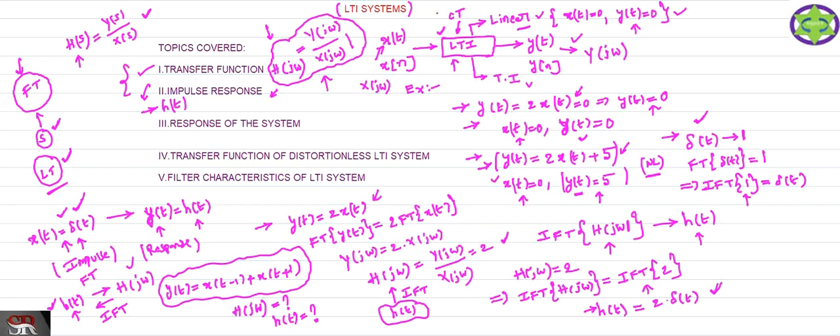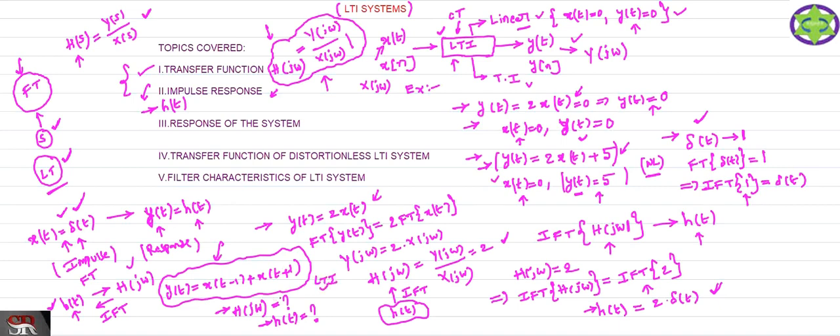To know more about the LTI system, you should know its impulse response. The impulse response is the main important parameter for any LTI system. To find the impulse response, one should know the concept of the transfer function. So for this system, you practice: find the transfer function and the impulse response. This is compulsorily an LTI system.